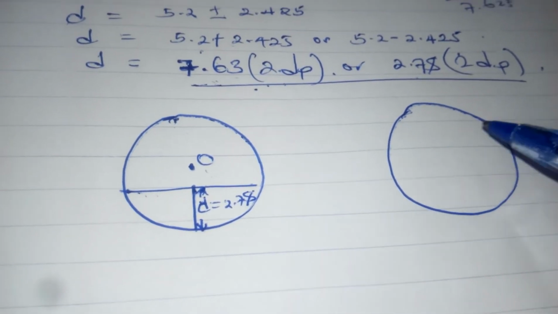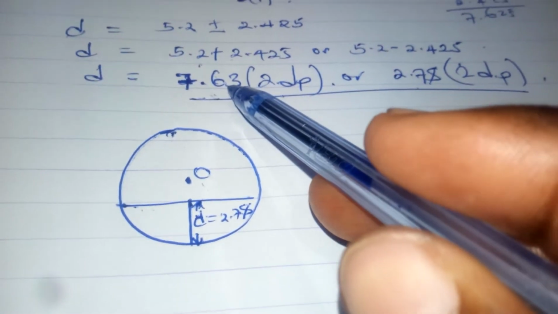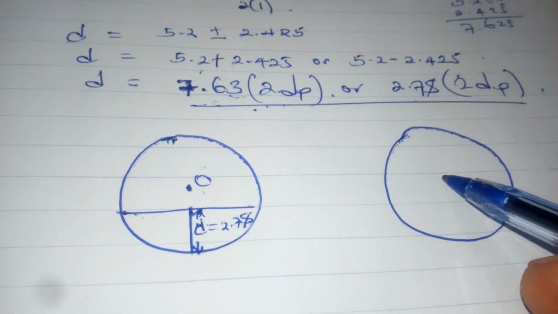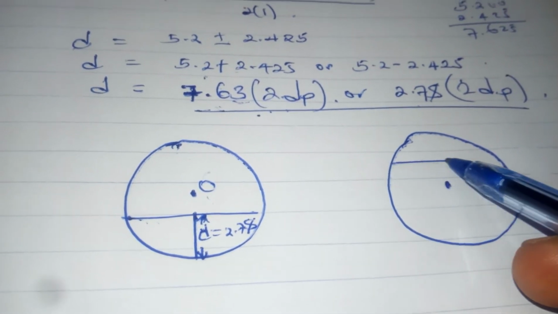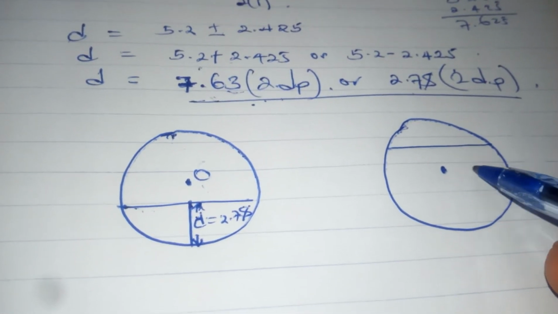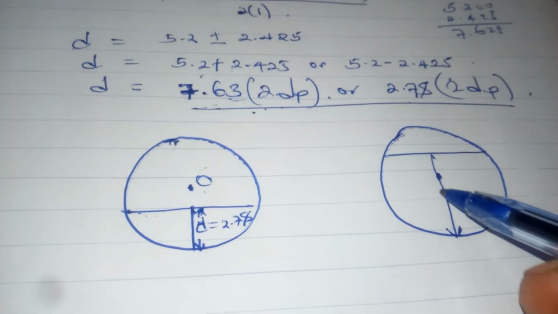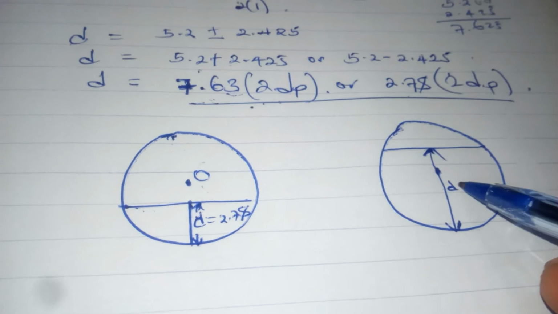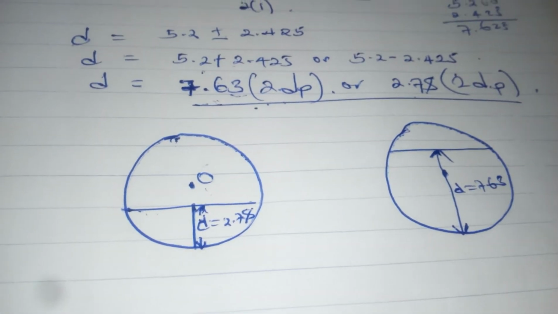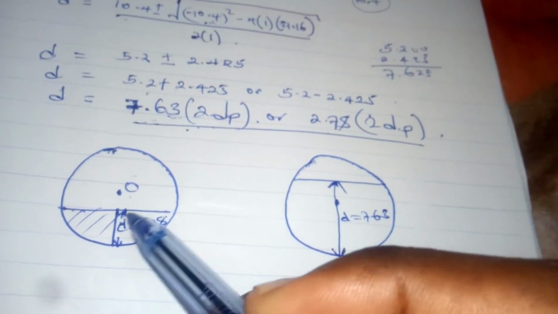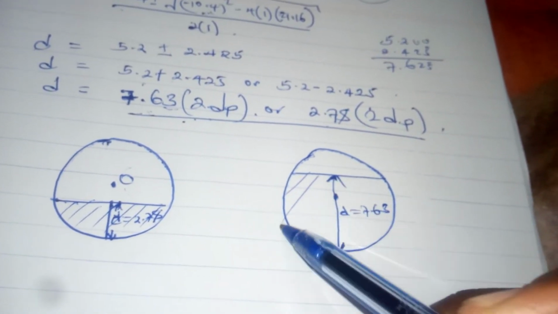Then here we realize that 7.63 is above the radius, which was 5.2. So if this is the radius of the road, then D equals 7.63. We can say that's the concrete base of the road.